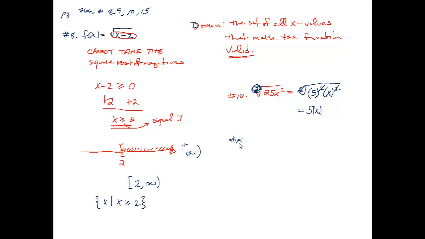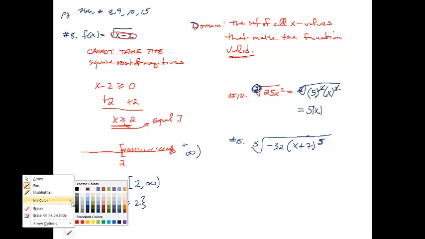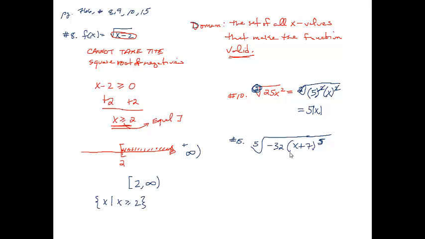Alright, let's look at number 15. It has the fifth root of negative 32, x plus 7, all to the fifth power. Again, we said we want to write the inside so it's everything raised to the fifth power.